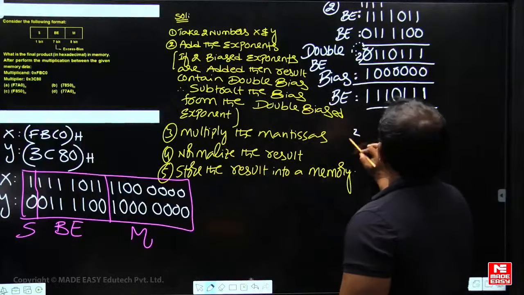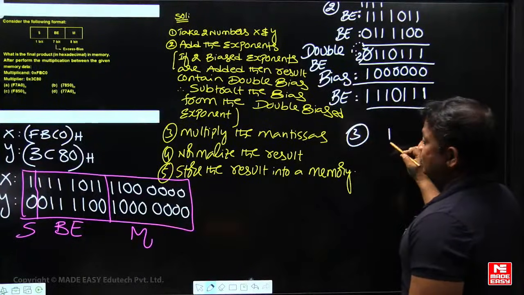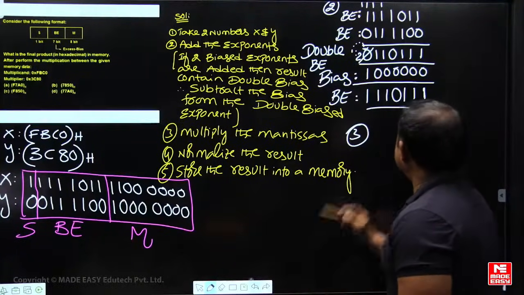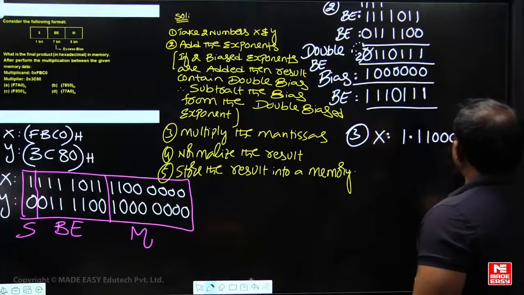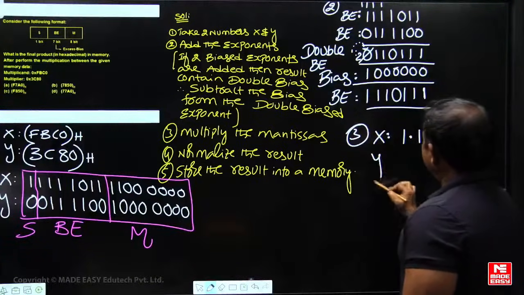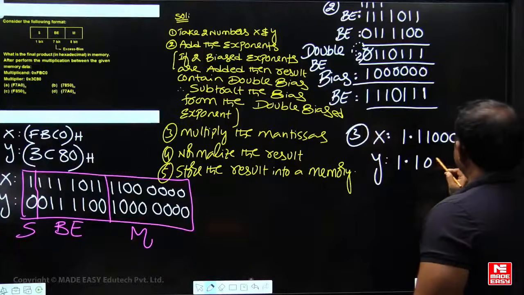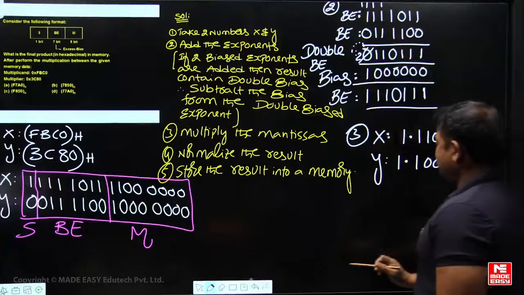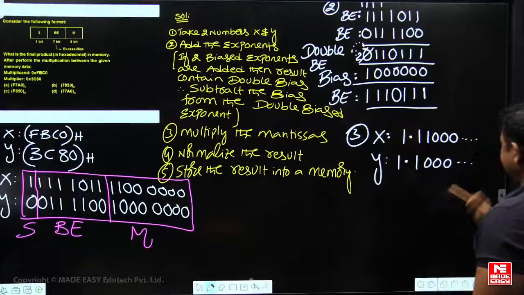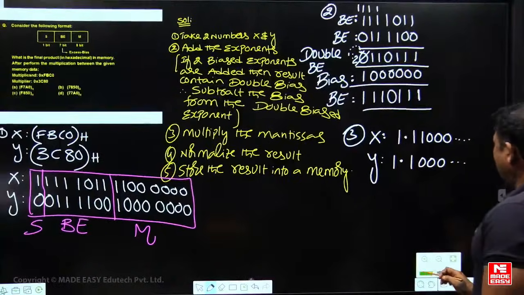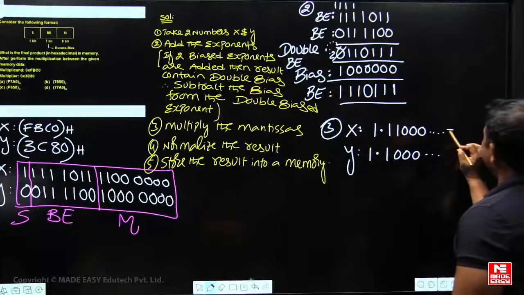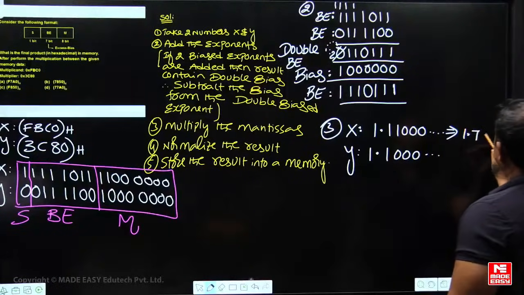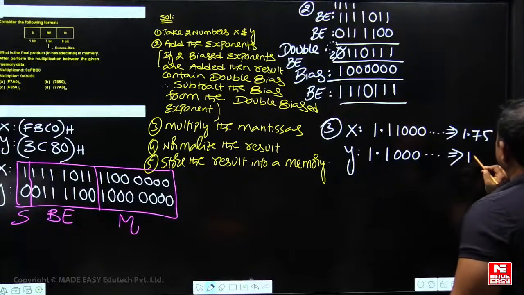Third step is what? Multiply the mantissa. So 1 point X mantissa, the normalized mantissa, is 1.1100, and the Y mantissa is 1.1000. What is its value? The X value 1.11 is nothing but 1.75, and this is 1.5.